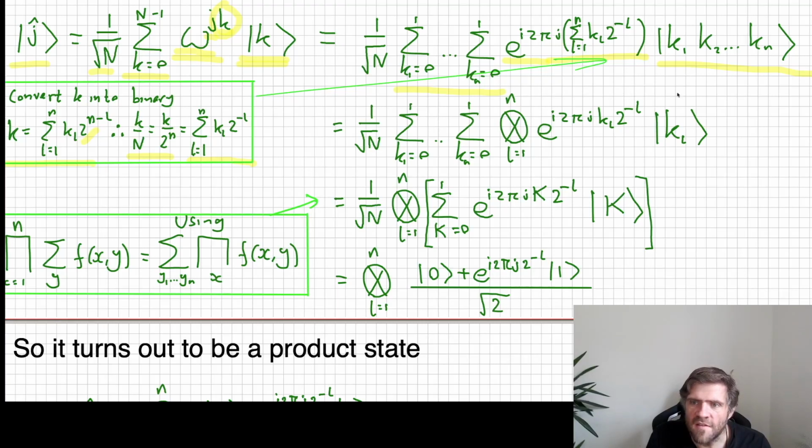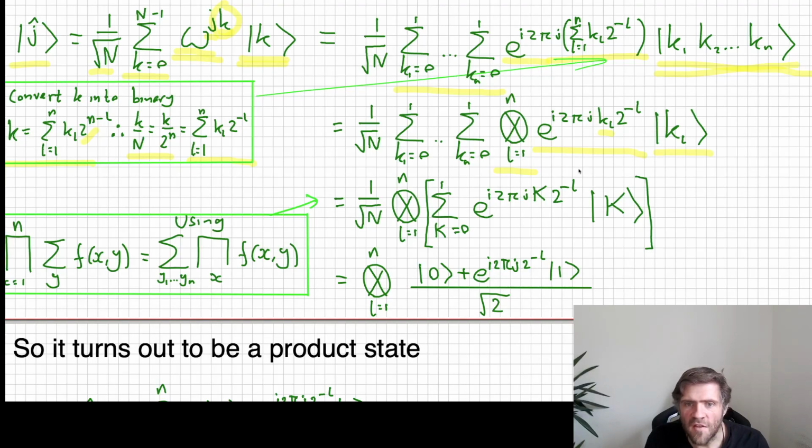So now we can use the fact that this is a tensor product to represent this more succinctly as a tensor product over all l of kl. But we can also bring these phases in here because these phases depend on l in the same way.